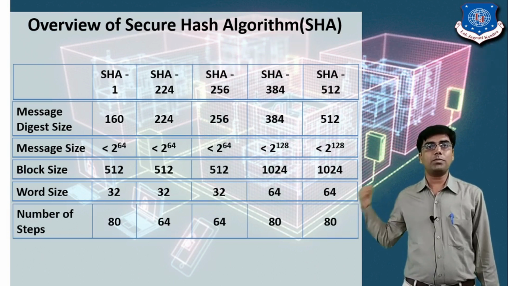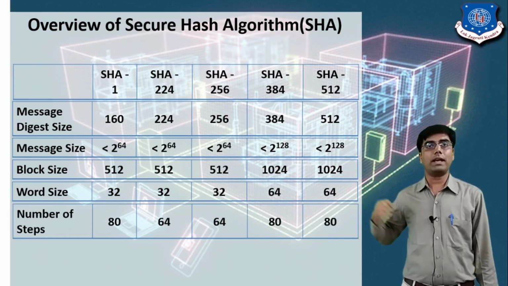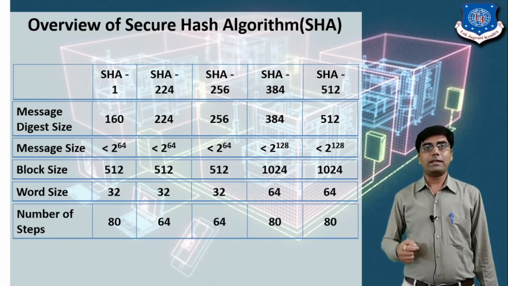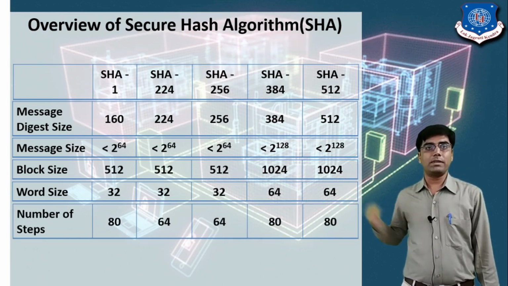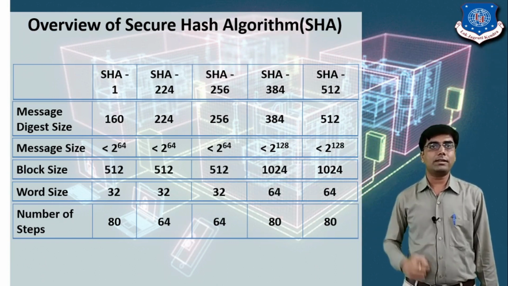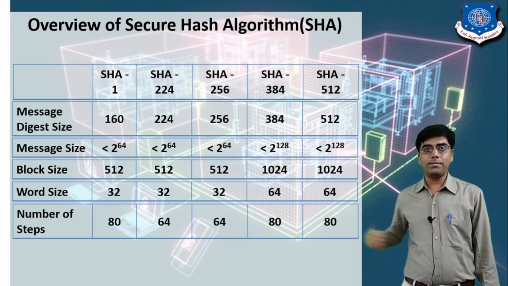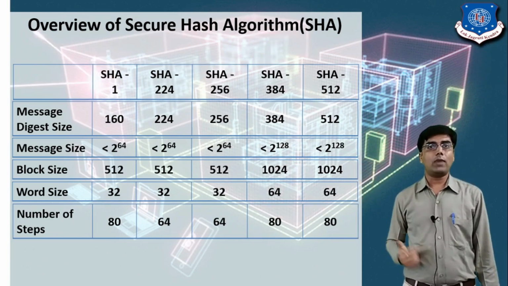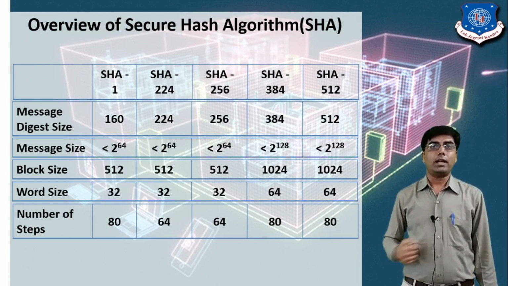Next, the number of steps required: in SHA1 the number of steps is 80, in SHA224 and SHA256 it is 64, and in SHA384 and SHA512 it is 80.